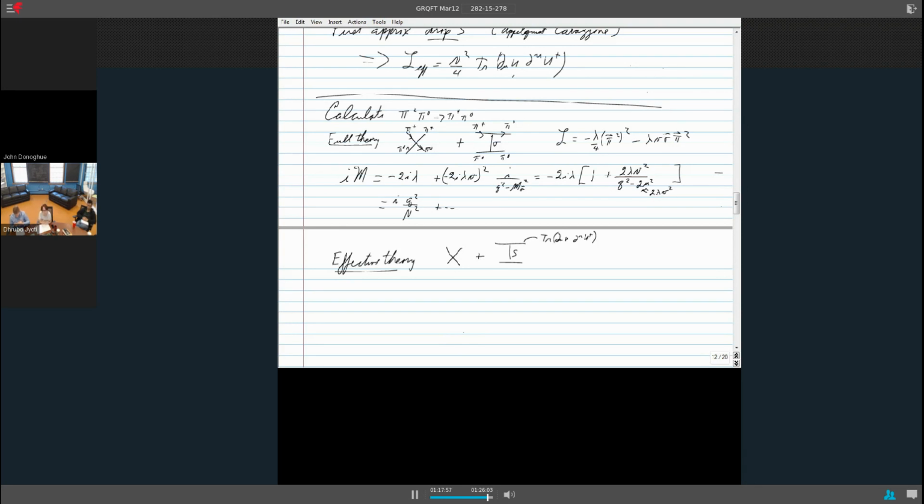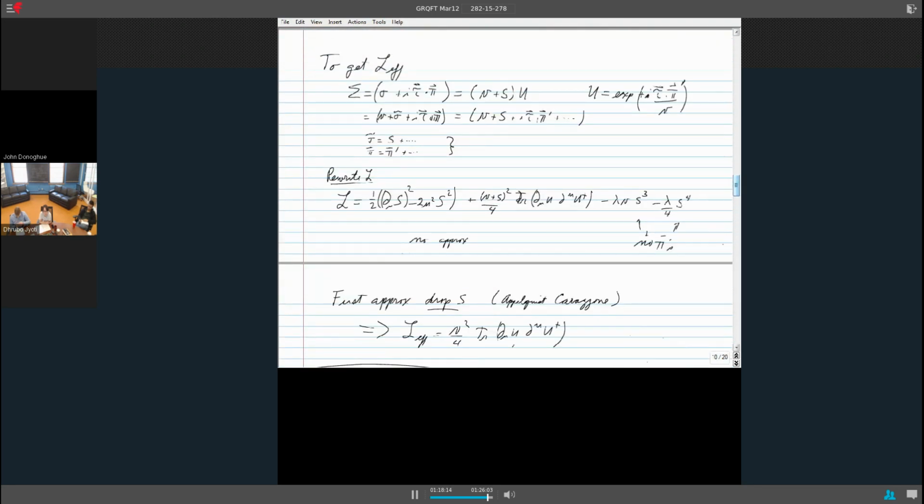Well, you see, there's a funny cancellation going on here. I've got q squared minus 2 lambda v squared downstairs and 2 lambda v squared upstairs. If I set q squared equal to 0, that's a minus 1. 1 minus 1 cancels.